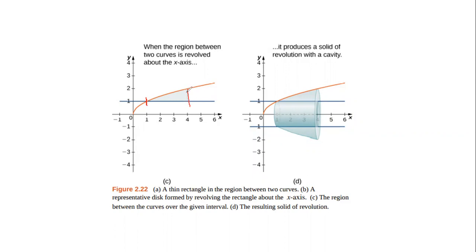When the region between the two curves is revolved about the x-axis, it will be a solid of revolution with a cavity between the regions, and a circular path for the rotation.